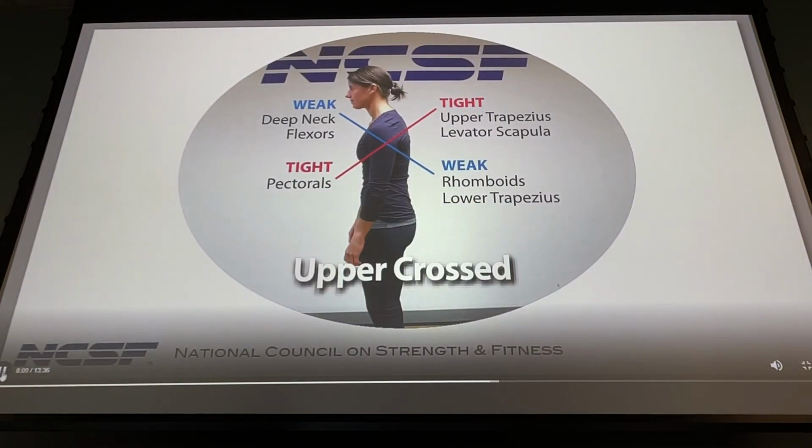With upper cross, there is reciprocal weakness and tightness surrounding the shoulder complex, as shown here. The lats, pectoralis, internal rotators, levator scapulae, and upper trapezius become tight, strong, and overactive. Okay, so internal rotators of the shoulder.